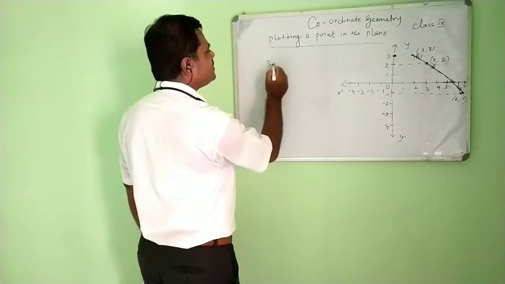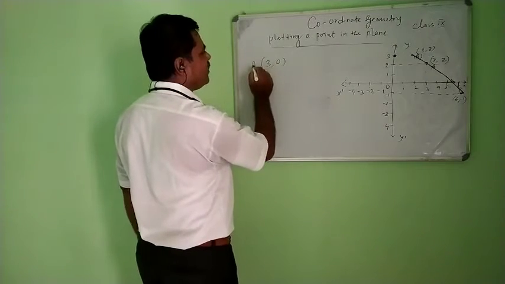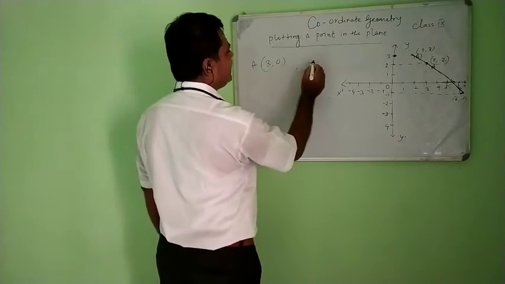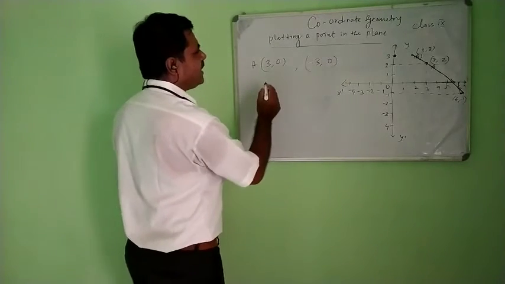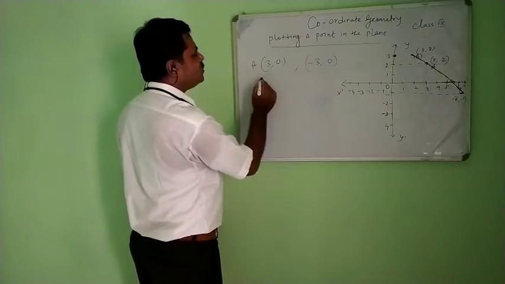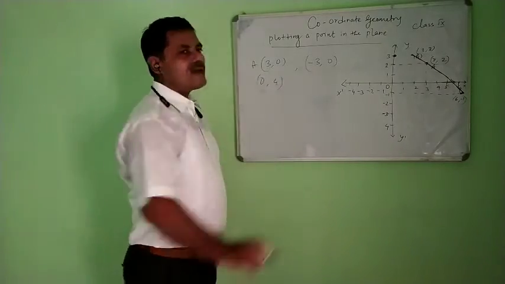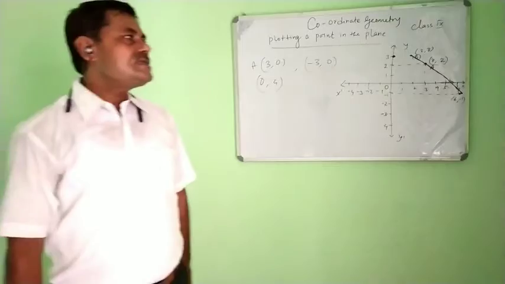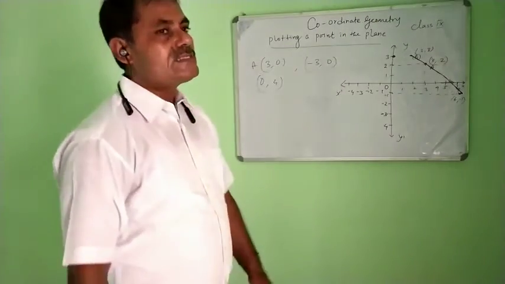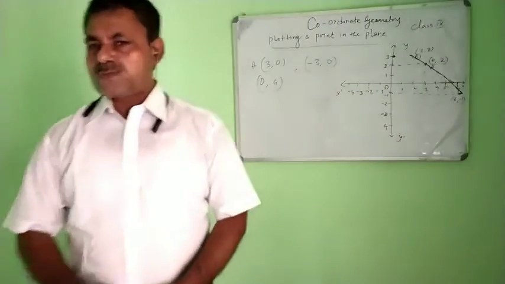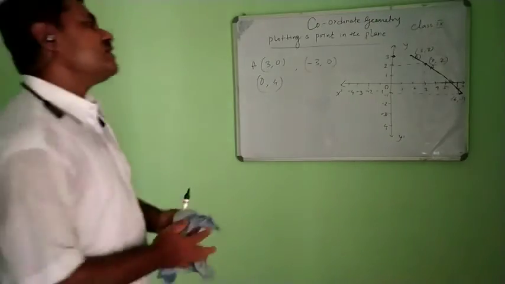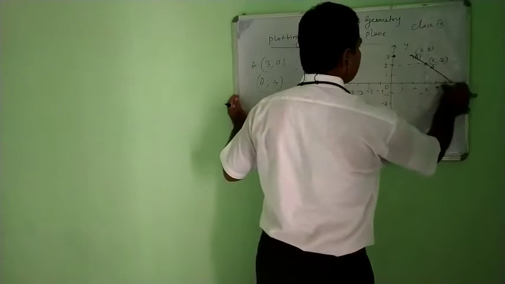There is (3, 0); plot it. This is the point A. Then (-3, 0) and (0, 4). You have to see which figure it is. First plot it, and then identify it.